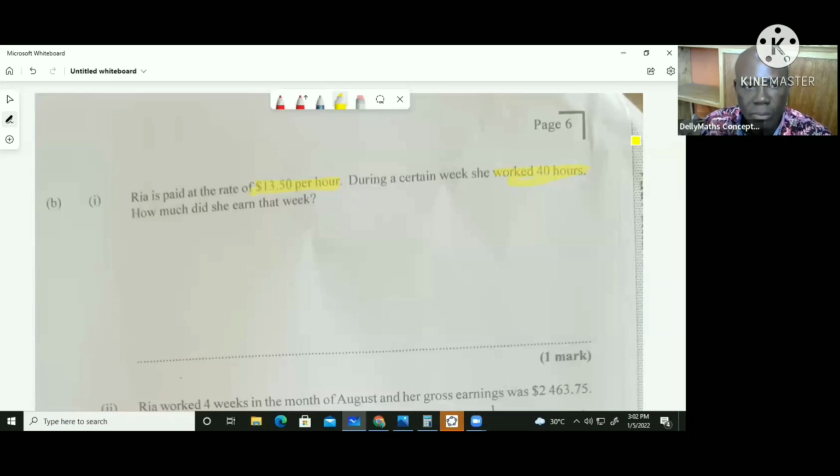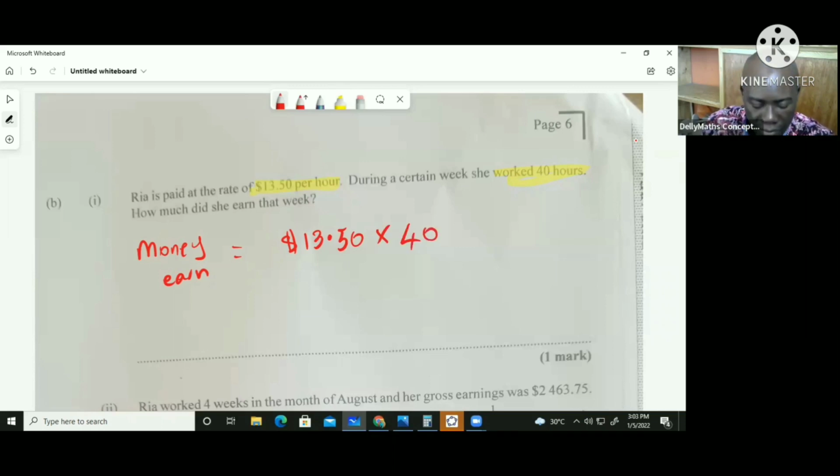Definitely, we can just simply say, so how much does she earn? The money earned in that time is going to equal, as you could see, $13.50 times the number of hours that she did, because she's working $13.50 per hour and she did 40 hours.